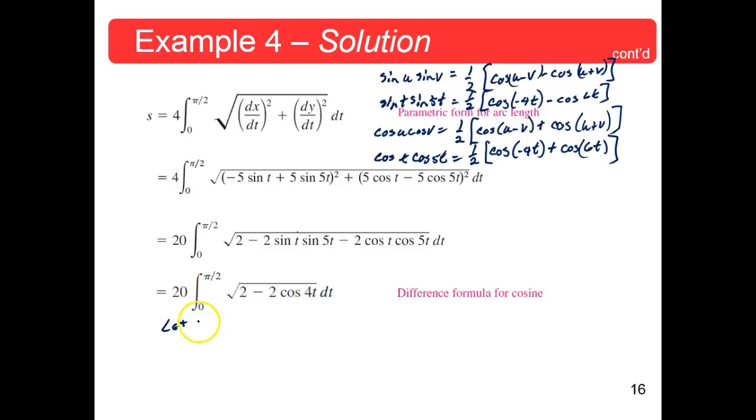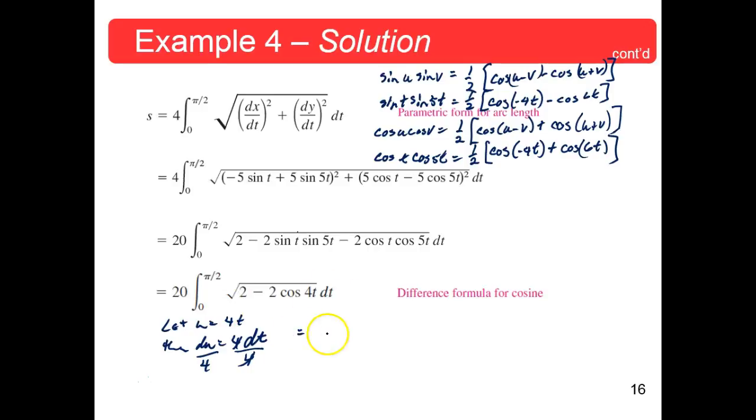Let's start with u equal 4t. That's going to be a pretty simple substitution. Then du is going to be 4 dt, right? So dt will be 1/4 du. Okay? That's just to clear that out of the way.